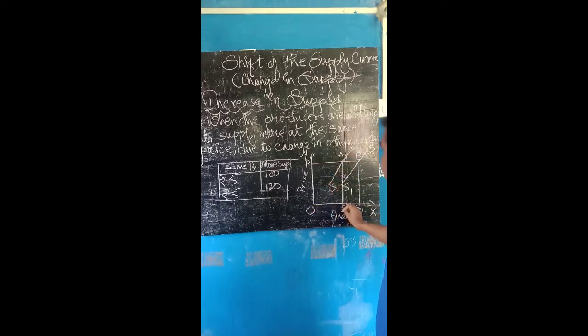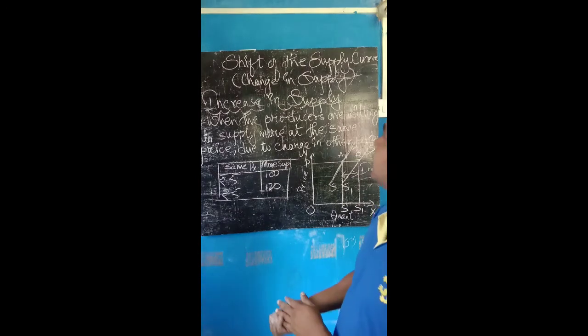At OS, the supply curve is here, and at OS1, the supply curve has shifted towards the right hand side. It is S1, point A and point B. This gap is the increase in supply.